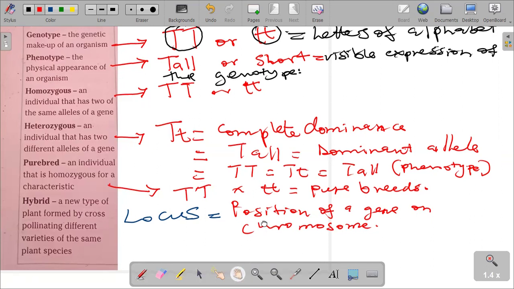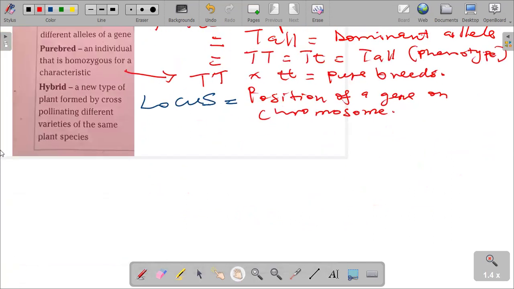We have another term which we can add there. We just need to add a few, but not all of them. We can add another term, which is allele. An allele is a variation of a gene.